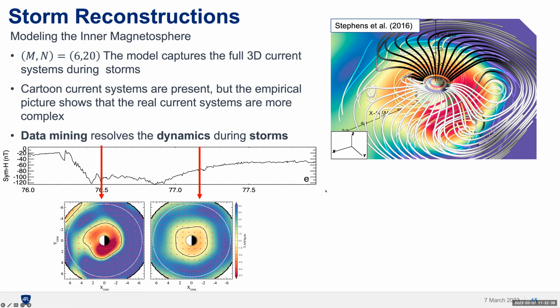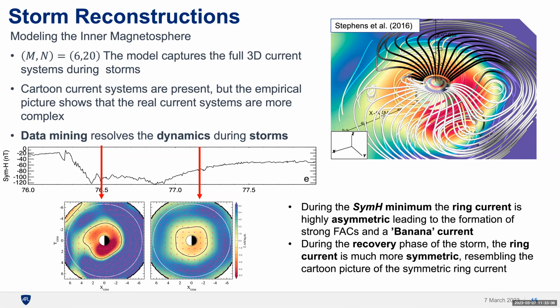So we can see we're resolving the majority of the inner magnetospheric current systems during storms. And as this system evolves in time, during the recovery phase of the storm, we're at a similar SYM-H level, but it's now much more symmetric. This is now our much more classic picture of a symmetric ring current system.